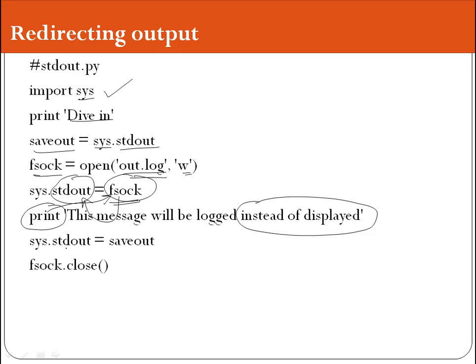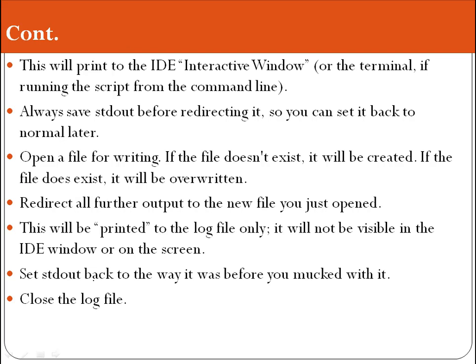Now sys.stdout = saveout and fsock.close(). So now this will print to the IDE interactive window if there is no redirection. Always save stdout before redirecting it, so you can set it back to normal later.